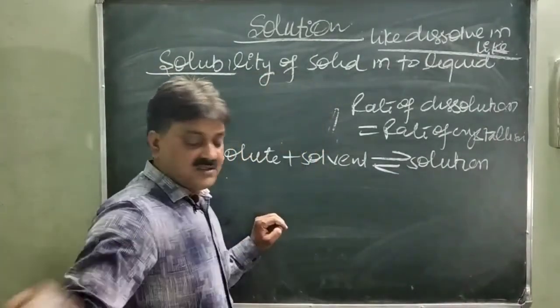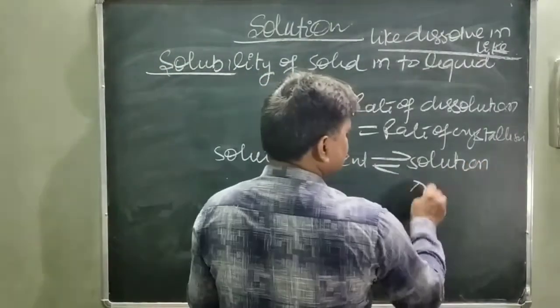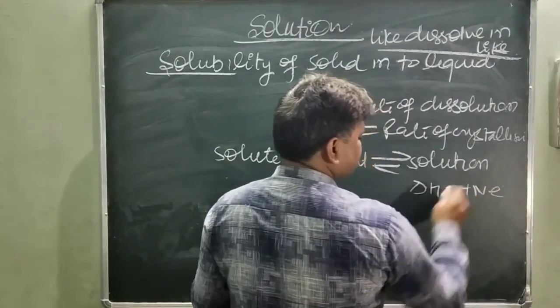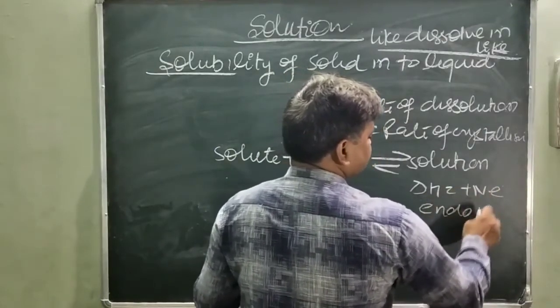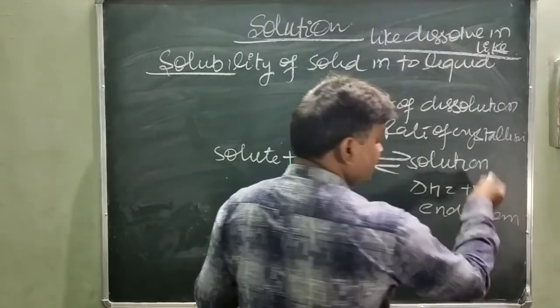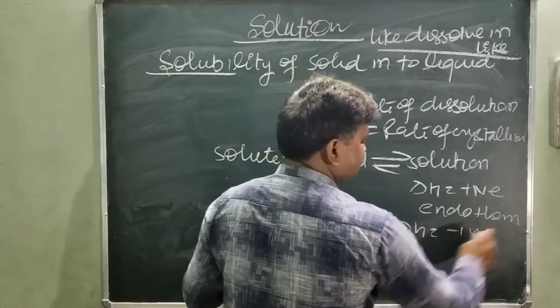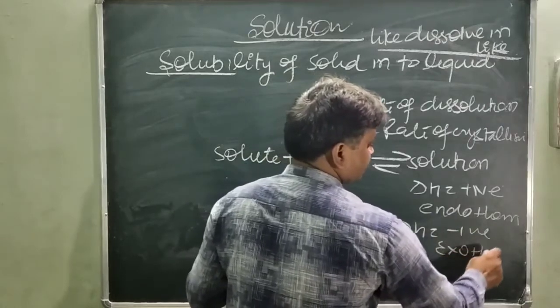There are two cases. Here, if delta H is positive, then this is an endothermic reaction. Another case is where delta H is negative, which is an exothermic process.